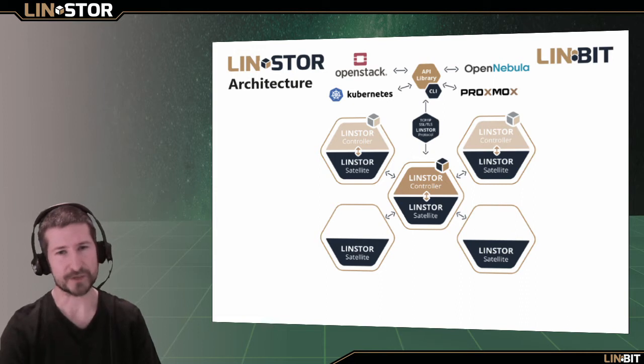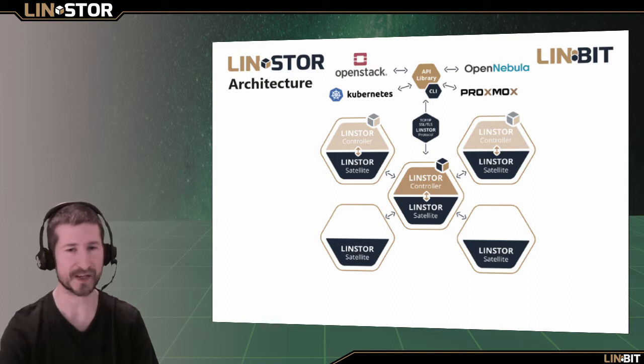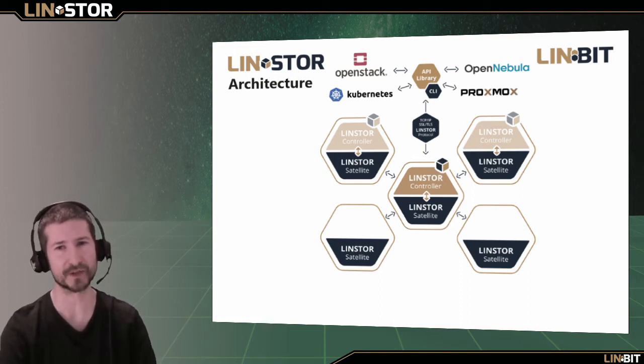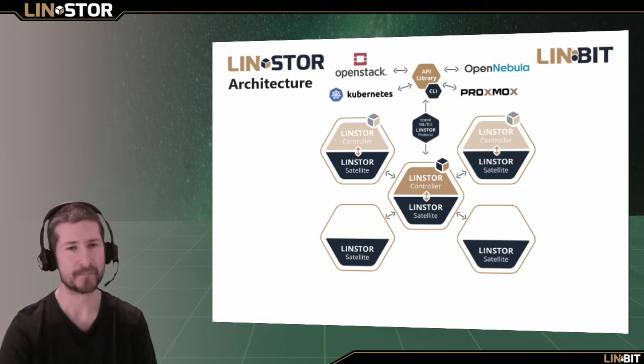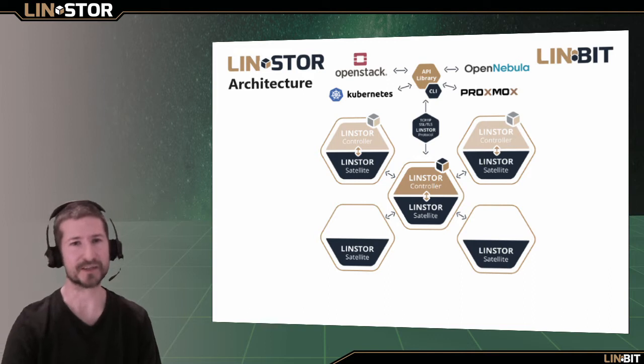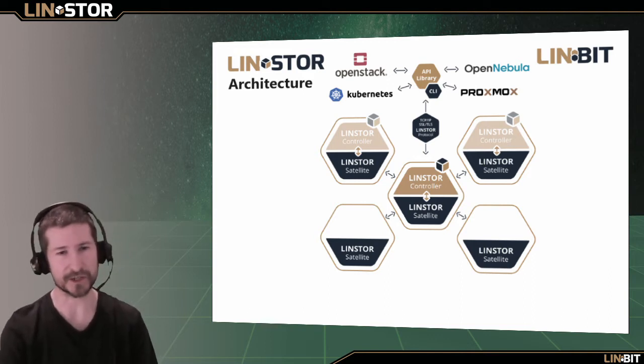For communication between the controller and the satellites, LINSTOR uses TCP/IP connections, and those can be SSL/TLS encrypted. You'll normally do that except in test scenarios where you can use unencrypted connections as well. There's a command line interface available, and you'll use that especially during initial configuration.